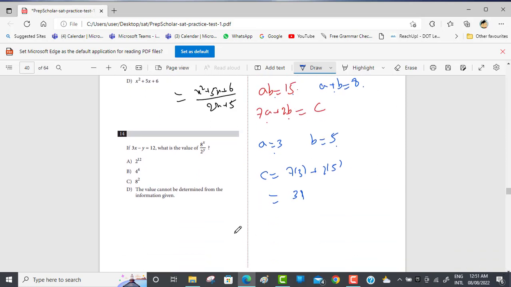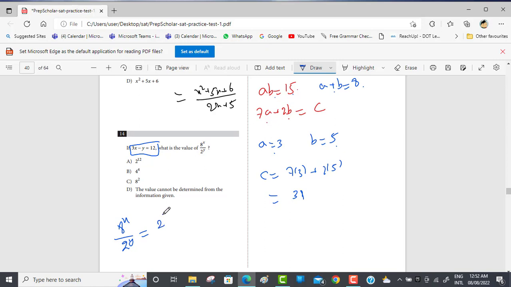Exercise number 14 is about powers and is in the third chapter, passport to advanced math. You need to find 8 to the x over 2 to the y, and you have as a given 3x minus y equals 12.